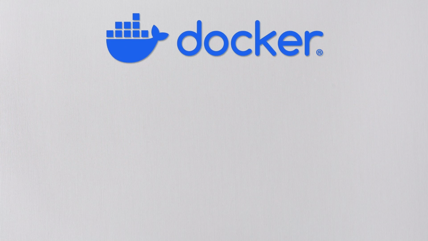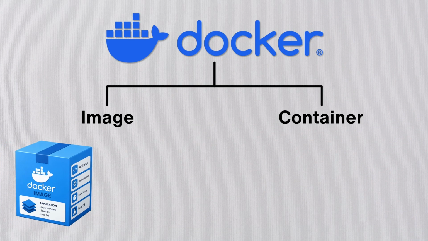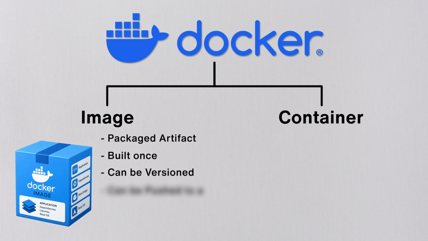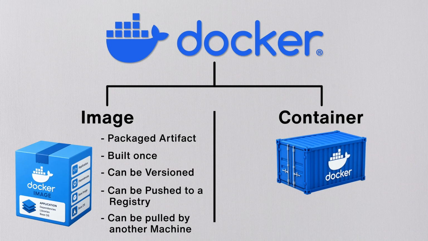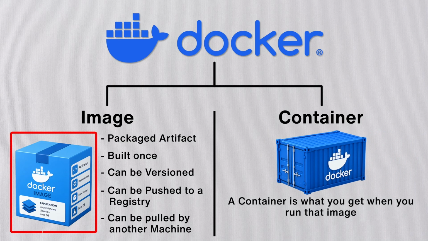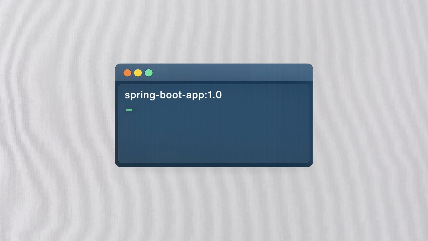Before writing a Dockerfile, it's important to understand two terms, image and container. A Docker image is a package artifact. It is built once, it can be versioned, it can be pushed to a registry, whether we're talking private or a public one. It can be pulled by another machine. A container is what you get when you run that image. For example, you may build one image called spring-boot-app with version 1.0, which is basically our tag.